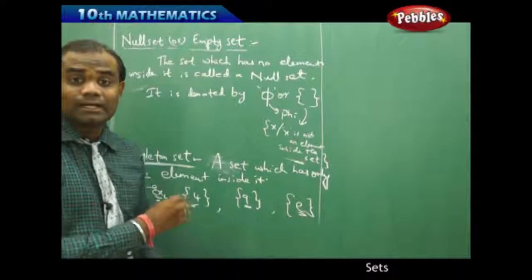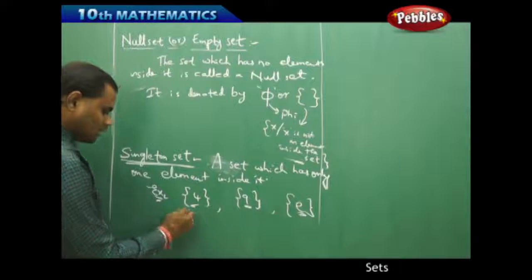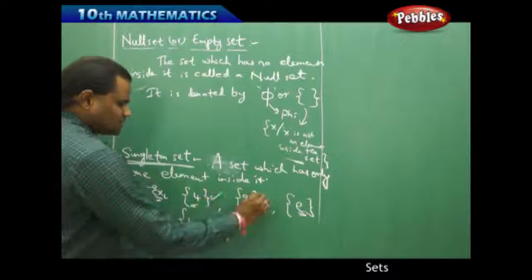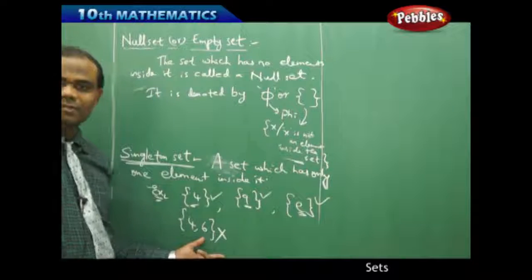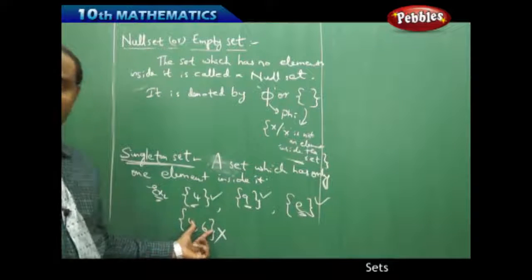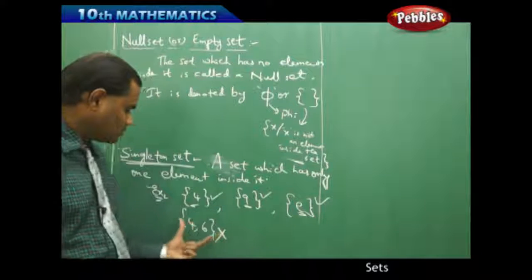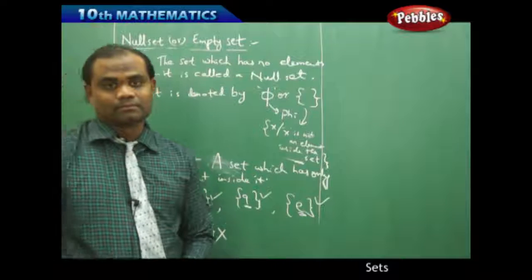But when I take this, it is not a singleton set because clearly there are two elements, 4 and 6, inside the set. Therefore this does not form a singleton set.